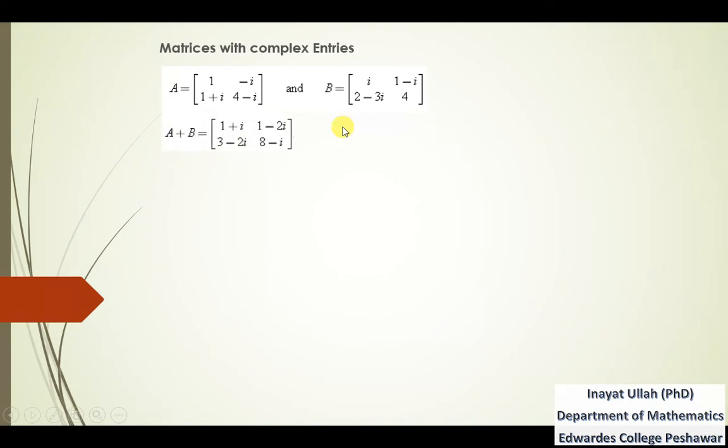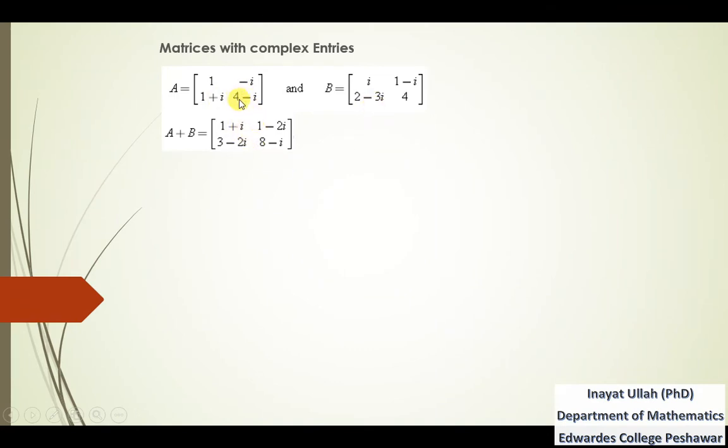So how could we add two matrices with complex entries? The idea is the same as for the sum of matrices. We add corresponding entries, that is first entry plus first entry, 1 plus iota; second entry plus second entry, the answer is this one; third entry 1 plus iota plus third entry 2 minus 3 iota, 1 plus 2 is 3, iota minus 3 iota is minus 2 iota.